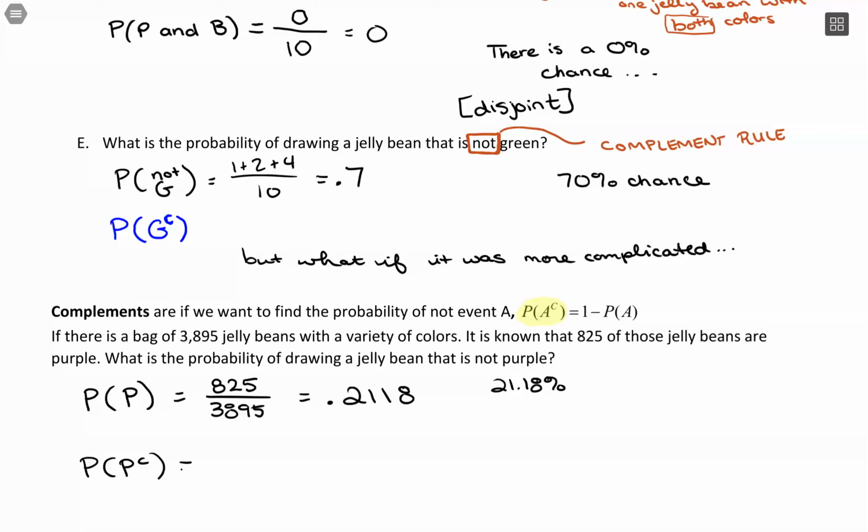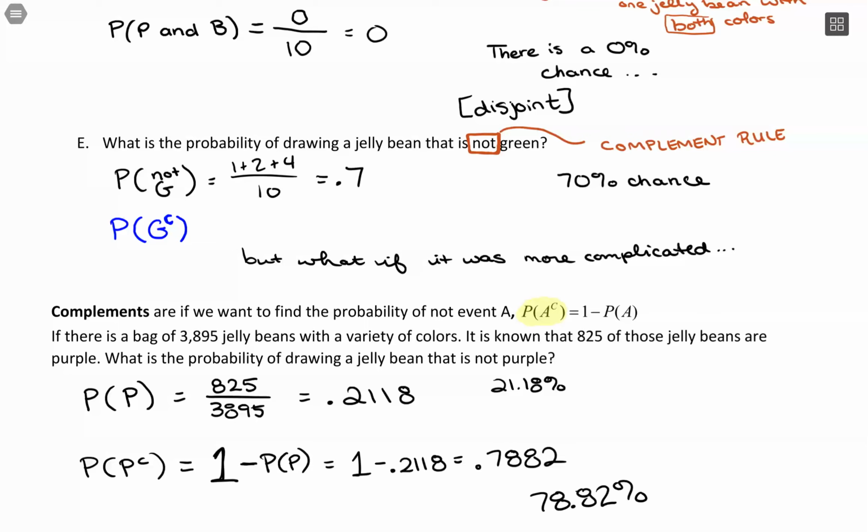So what we can do is in the decimal form, think of 1 as our 100%, but then take out that probability of having a purple jelly bean. Take that 1 minus 0.2118, so you can figure out the rest of that percentage that makes up the non-purple jelly beans. So this would be a case of 78.82% of the jelly beans are not purple.